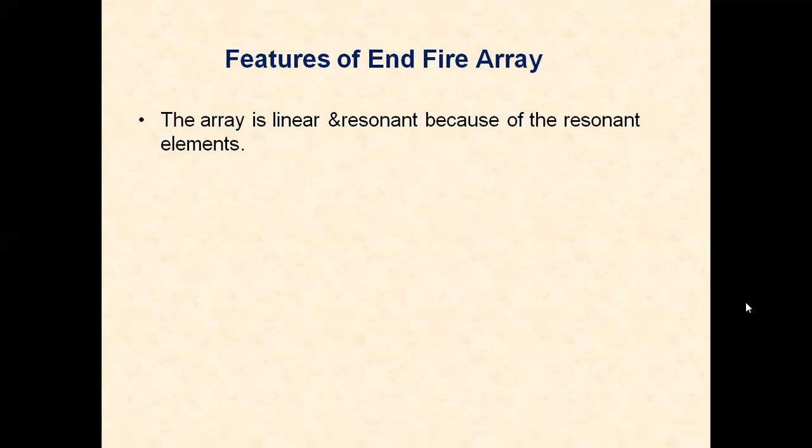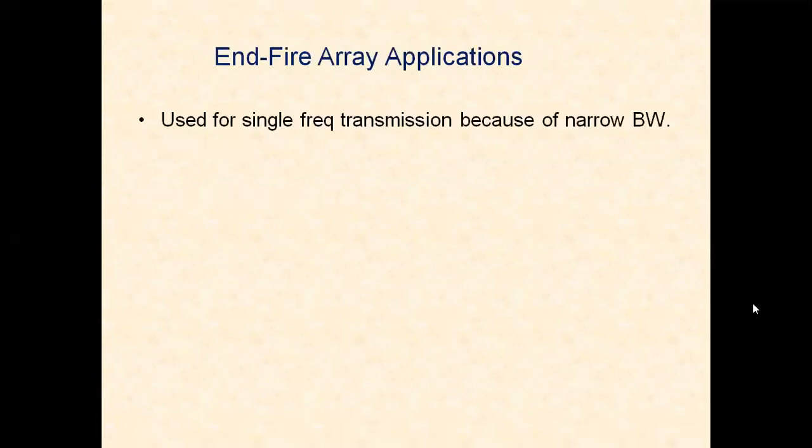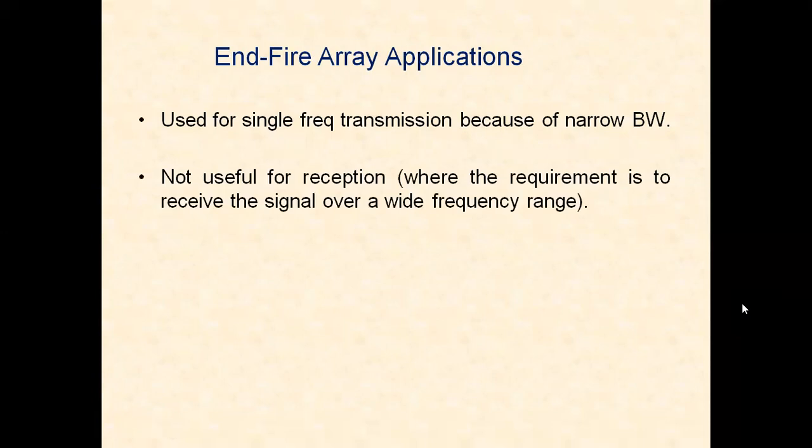Features of the end-fire array. The array is linear and resonant because of the resonant elements, the dipoles we have. It has narrow bandwidth. Because of the narrow bandwidth, we can make use of only single frequency, single channel transmission. It is not useful for reception, where the requirement is to receive the signal over a wide range of frequencies.